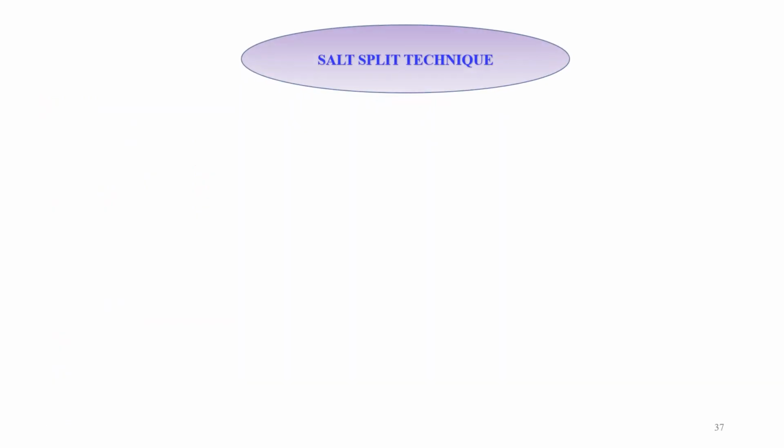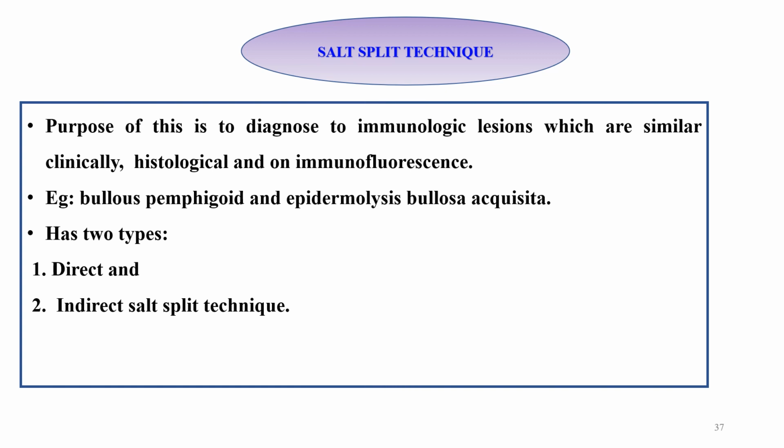The salt split technique was introduced by Gammon, and the main purpose of this technique is to diagnose the immunological lesions which have similar clinical, histological and immunofluorescence findings. Example, bullous pemphigoid and epidermolysis bullosa acquisita, or bullous pemphigoid and cicatricial pemphigoid.